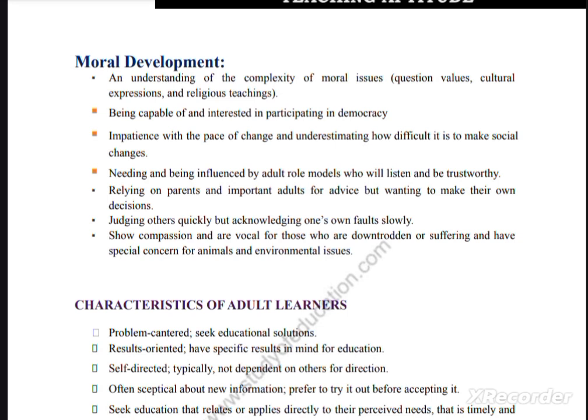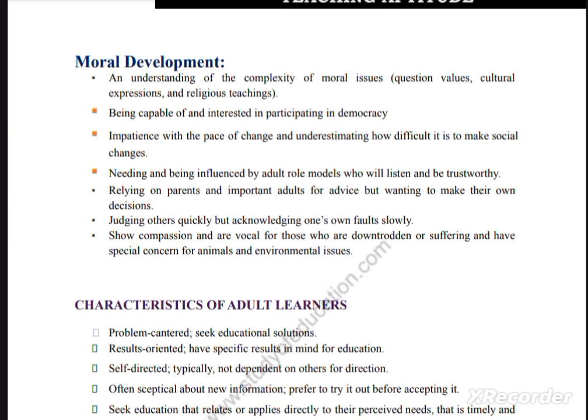In the case of moral development, understanding of person to person is very necessary. Questions of values, cultural expressions and religious teachings may influence moral development. Also, judging others quickly but acknowledging one's own faults slowly also leads to moral development.